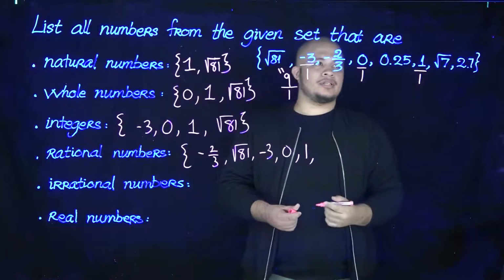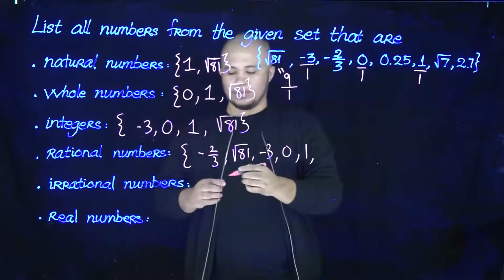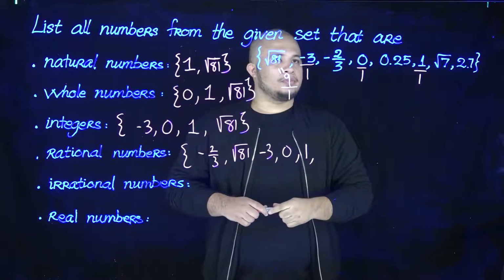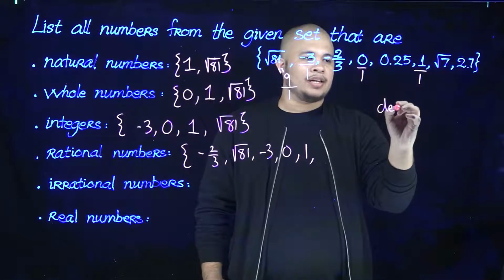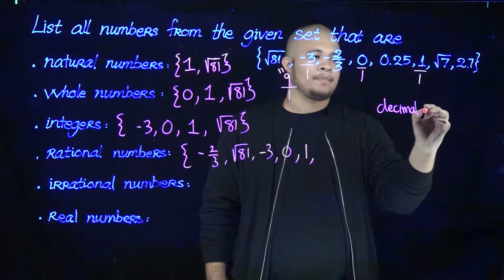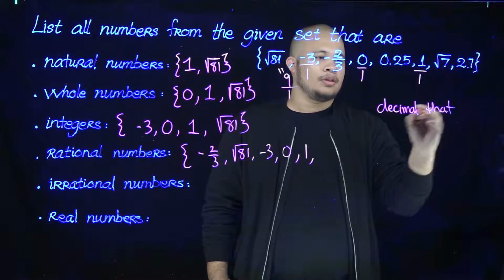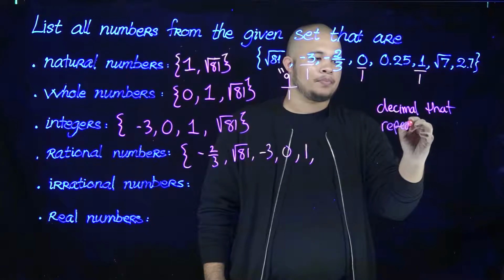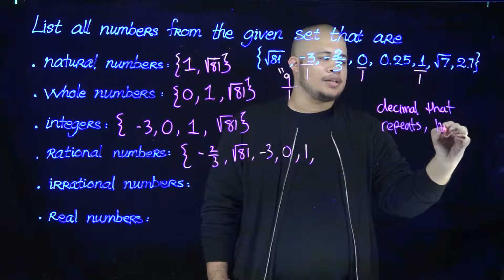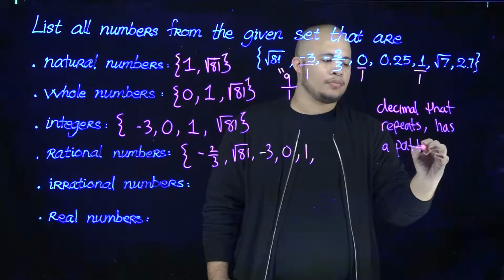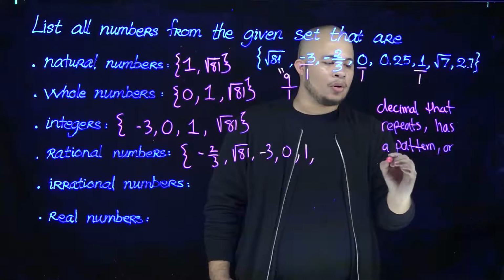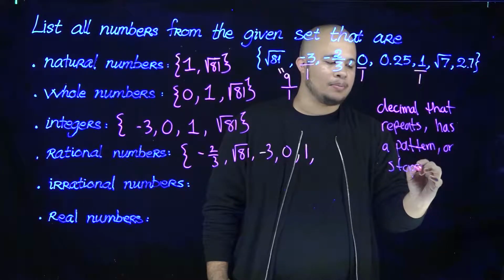Now, the second definition involves decimals. So for the decimal, we're looking for a few things. We're looking for a decimal that repeats, has an obvious pattern, or completely stops.